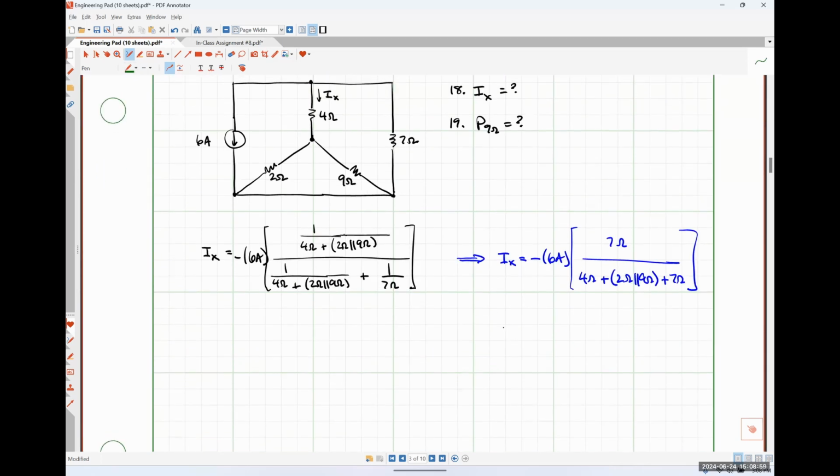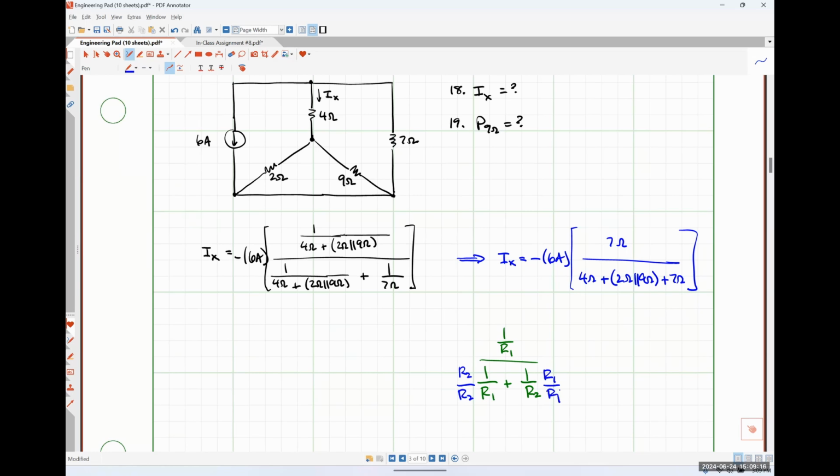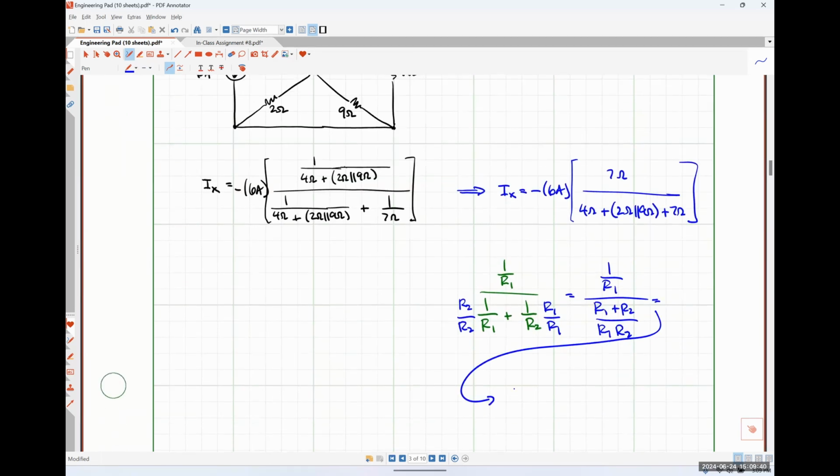If I have 1 over R1 divided by 1 over R1 plus 1 over R2, I'm going to multiply this guy by R2 over R2, multiply this guy by R1 over R1, and what I'm going to have is 1 over R1 times R1 plus R2 divided by R1 times R2, which is the same thing as 1 over R1 times R1 times R2 over R1 plus R2.